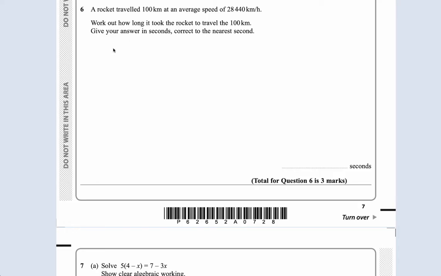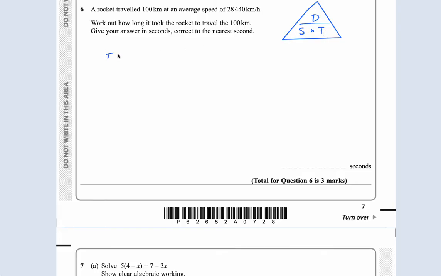So if we remember, guys, our distance, speed, time triangle, remember this? Okay, poor drawing, but whatever. Distance is speed times time, and time is distance over speed.